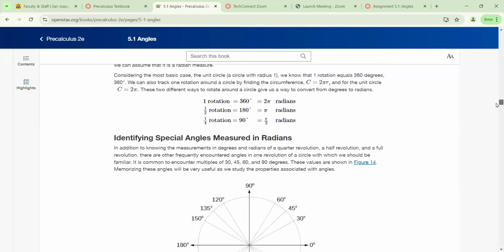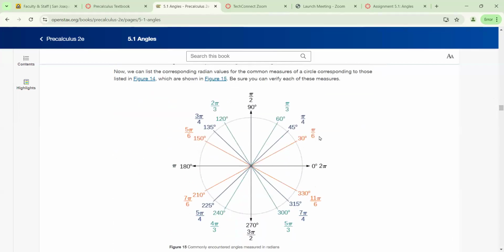That same unit circle is drawn in radians. 30 degrees is pi over 6 radians. 45 degrees is pi over 4 radians. 60 degrees is pi over 3 radians. 90 degrees is pi over 2 radians. 180 is pi radians. 120 is 2 pi over 3.